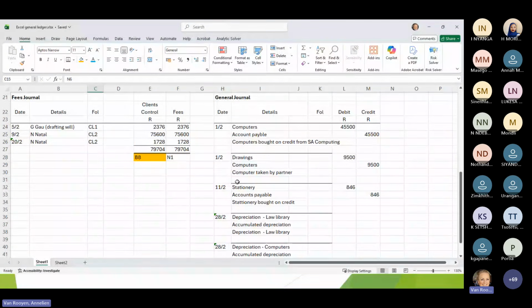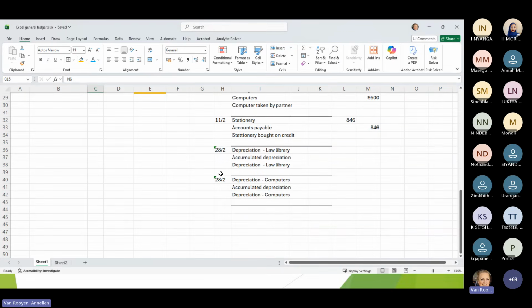I don't think there can be more. In your study material, there's also a reference to a petty cash journal. I didn't do that on the screen because it was quite a difficult thing to put on the screen.